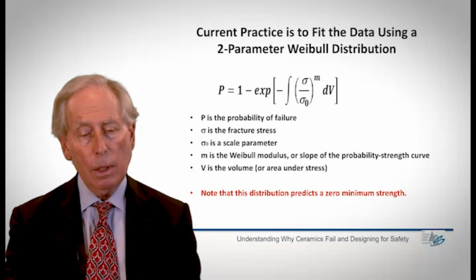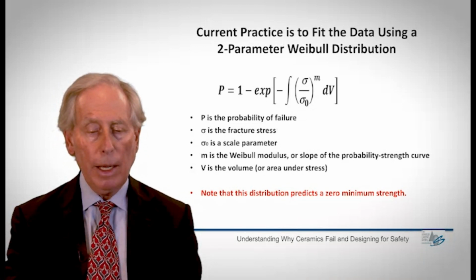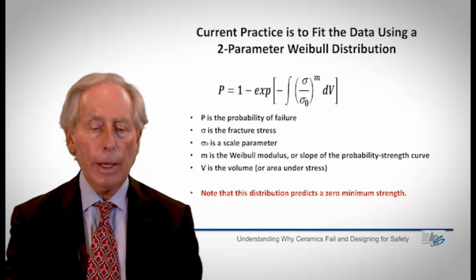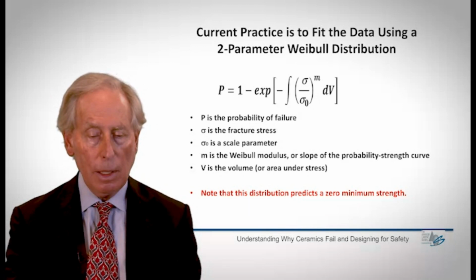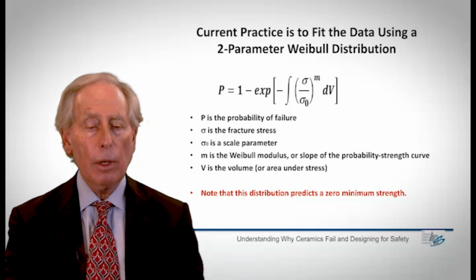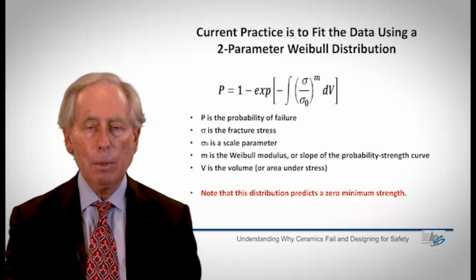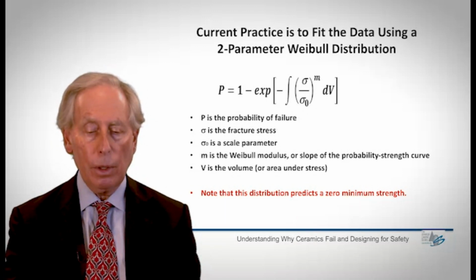This is shown integrated over the entire volume of the material, but the exact same equation would work if we simply integrated over the total area of the material under stress. In other words, it works in exactly the same way as I show down here. So this equation, or a similar equation to it, which I'll show in a few minutes, is the one that is typically used to explain statistics of failure of brittle materials.